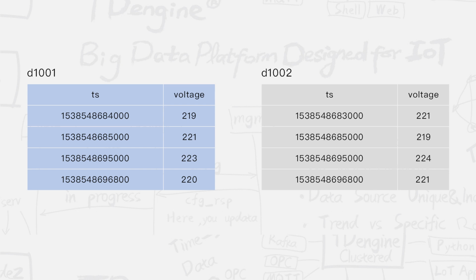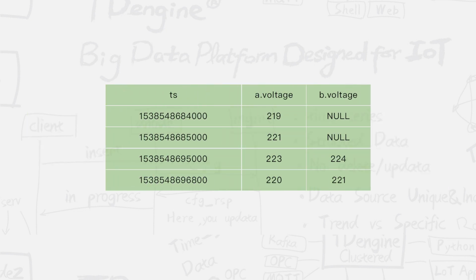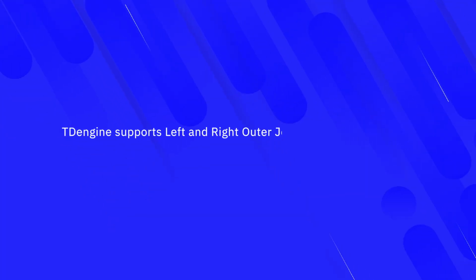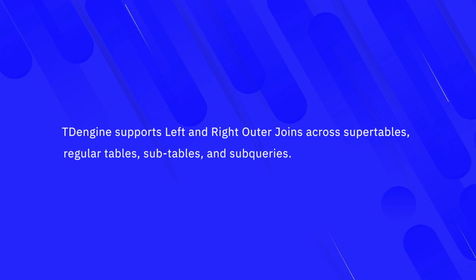This left outer join will return all records from D1001 and any matching records from D1002. If no matches are found in D1002, the result will be null. The result of this query is shown on screen. TDengine supports left and right outer joins across supertables, regular tables, subtables, and subqueries.